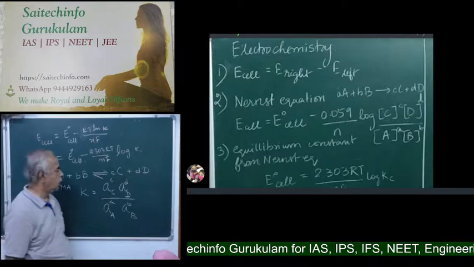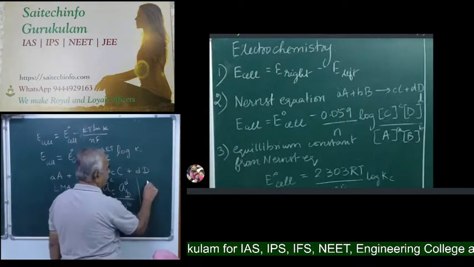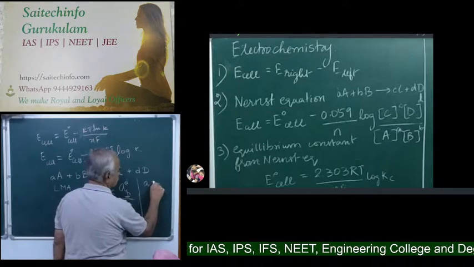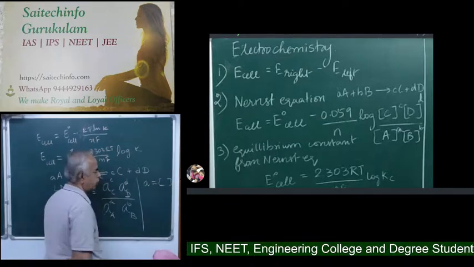Are you able to follow? In most cases, in the case of a strong electrolyte, the active mass is almost equal to the concentration term, which is represented by square brackets.